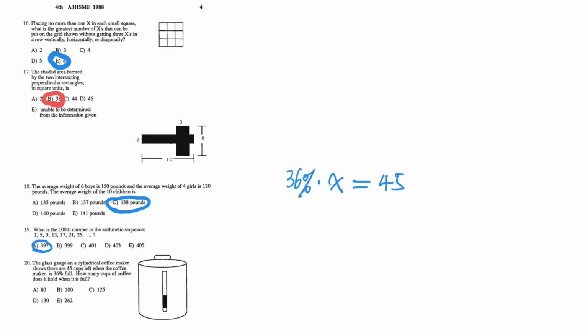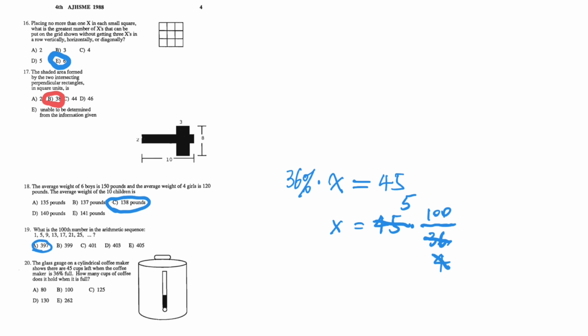In the equation, we divide both sides by 36%. So X is 45 divided by 36%, which means times 100 over 36. So cancel 9, that's 4, and cancel 9, that's 5.